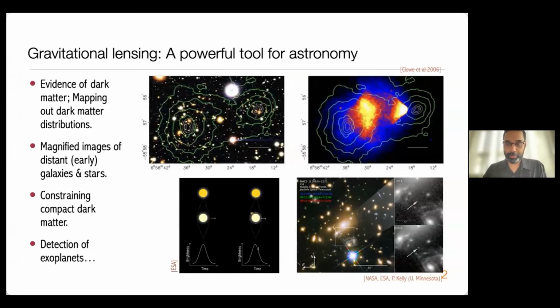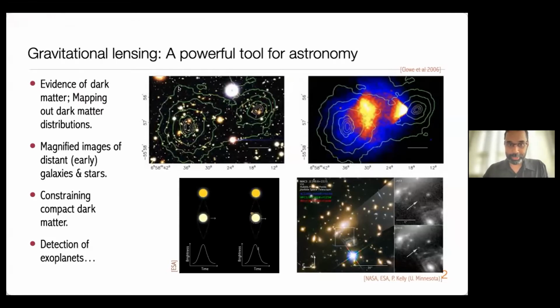For example, lensing of galaxies, both weak lensing as well as strong lensing, has provided some very strong hints of the existence of dark matter, and helped to map out the distribution of dark matter in the universe.